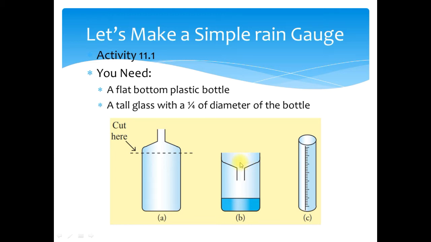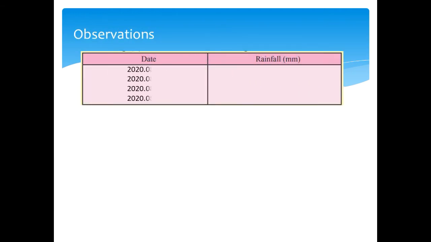Keep the bottle with this funnel in an open area. During a rainy day, you can measure the amount of water collected in the bottle and record the rainfall in a table as given here. This table shows the rainfall of 4 consecutive days.